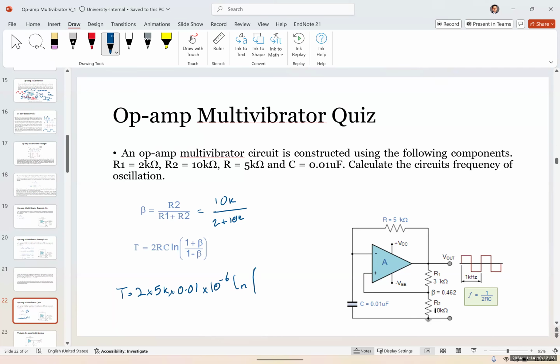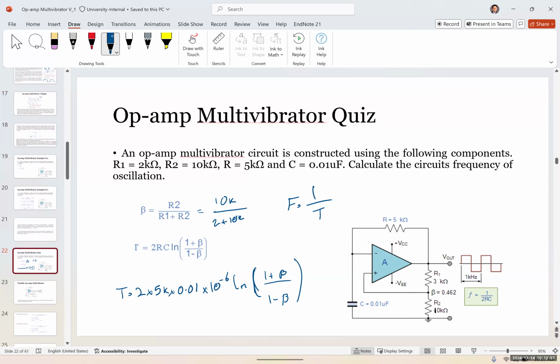And then finally, F would be equal to 1 over T. You can solve this at home. A simple math problem.